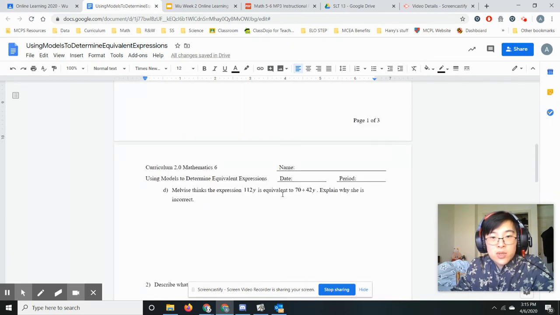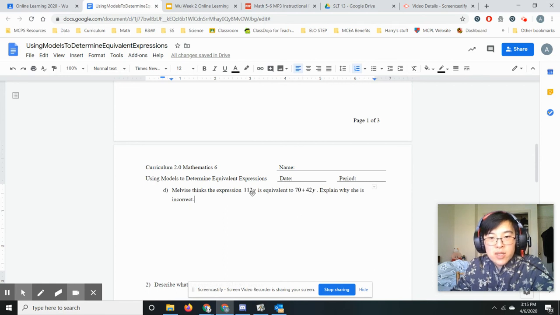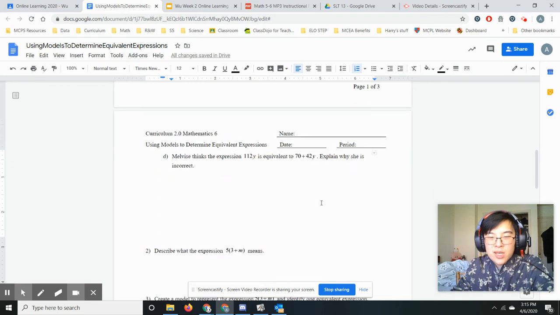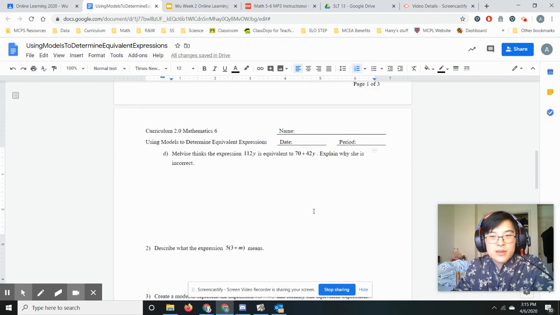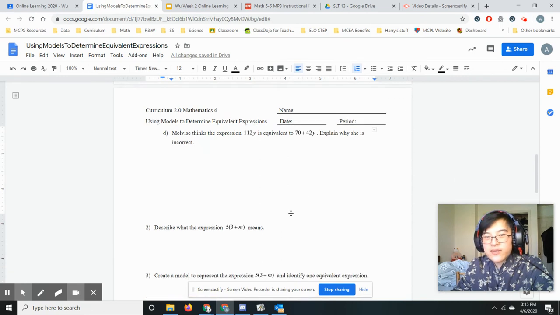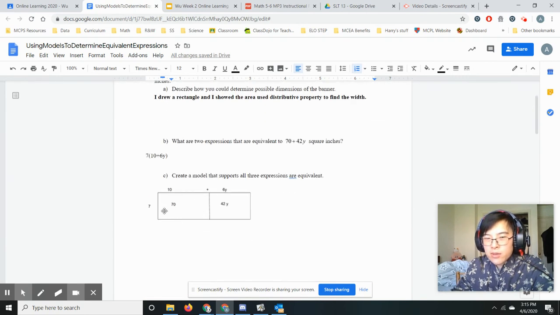Let me see what else this is asking. Is equal to this. What do you think? This is 70, this is 42y. What do you think they did to make this? Do you think it's correct? I'm not going to say, you figure it out. Based on this, I know the 70, but do we really know what this y is?